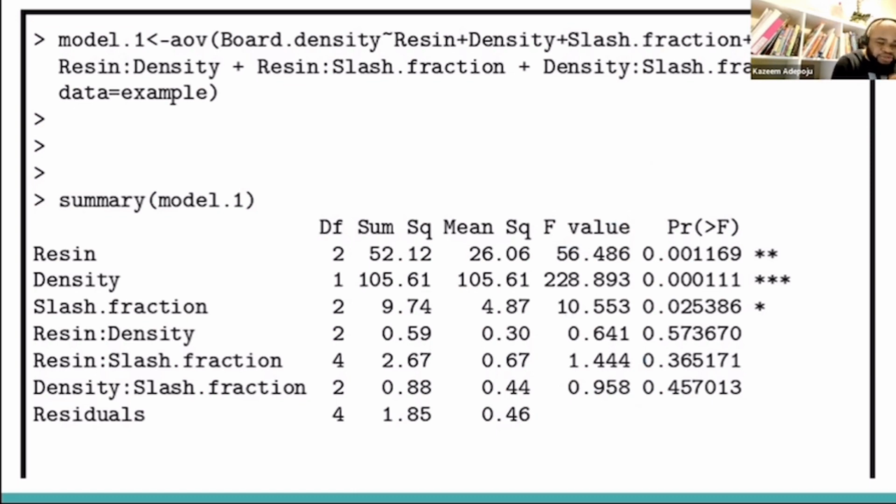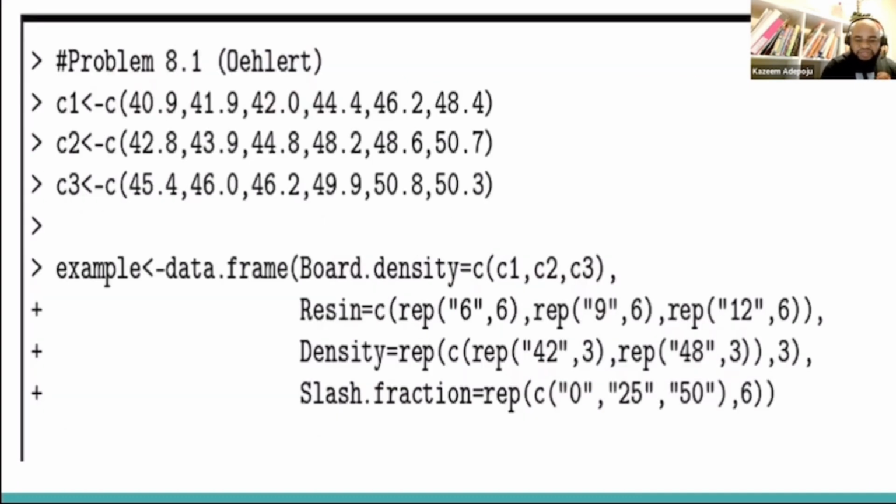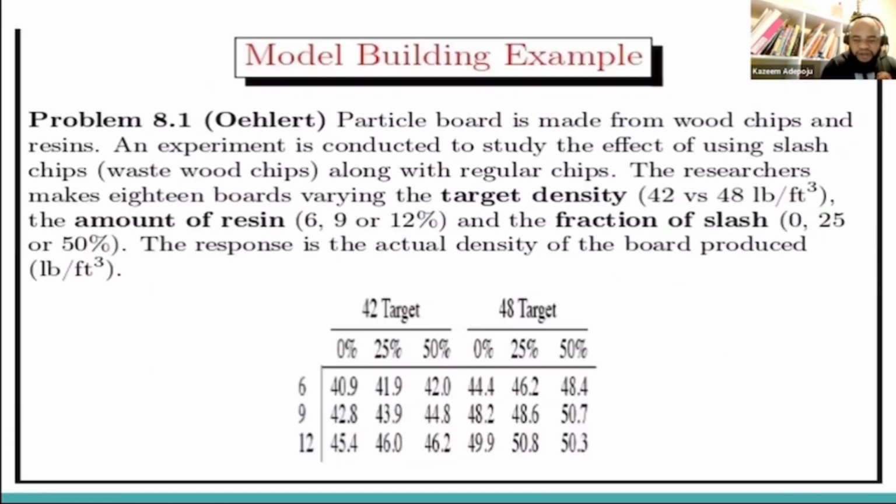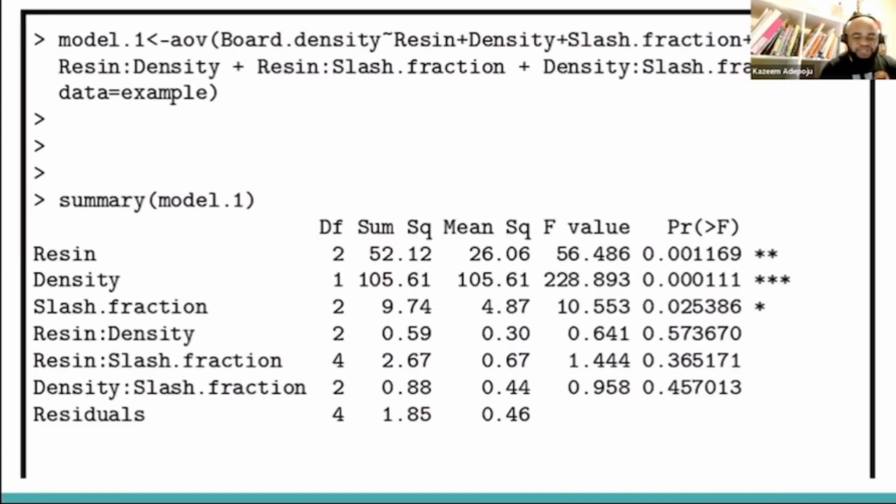And as you can see, the ones with an F value less than 2 are the ones we removed. And not only that, there's something I wanted to pay attention to here: the degree of freedom for the residual is actually 4. And what did they tell us? They told us the condition to remove is when the degree of freedom for the residual is 10 or less. So this result justifies excluding some terms.